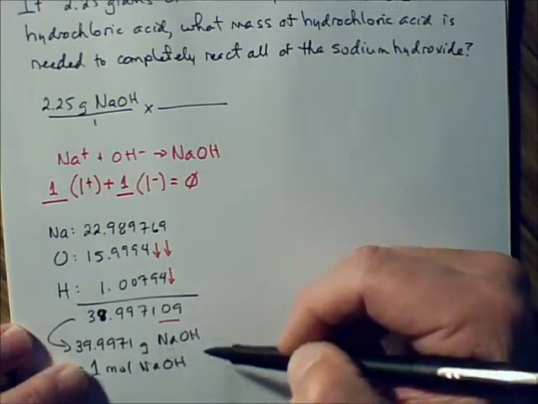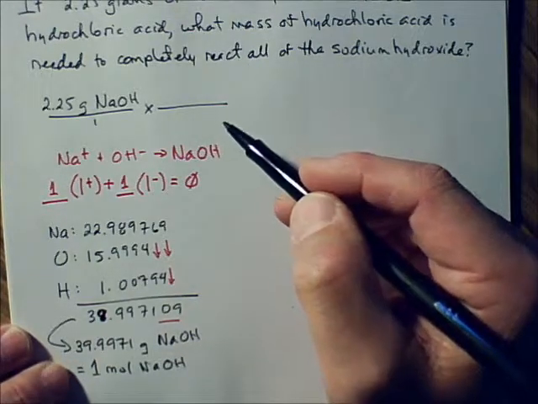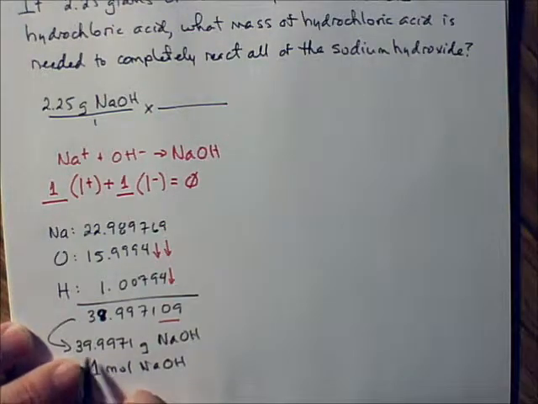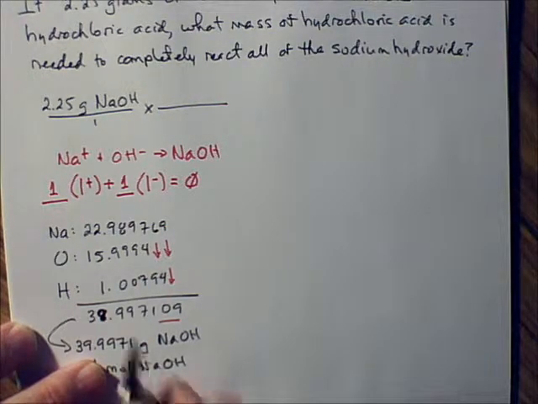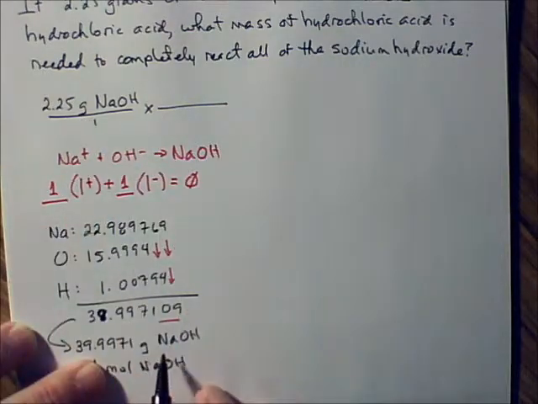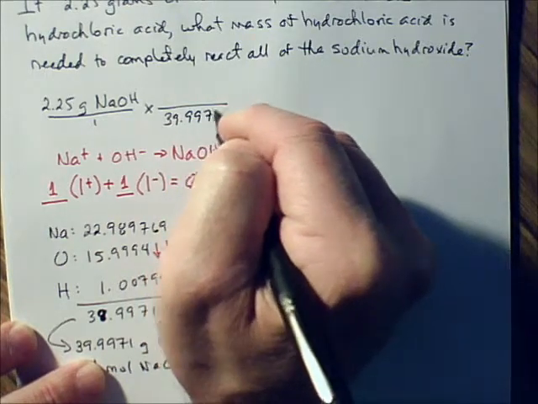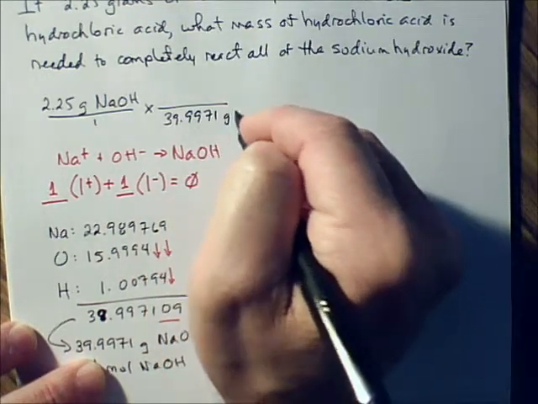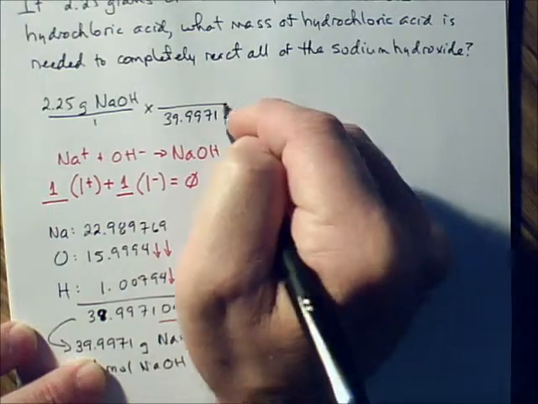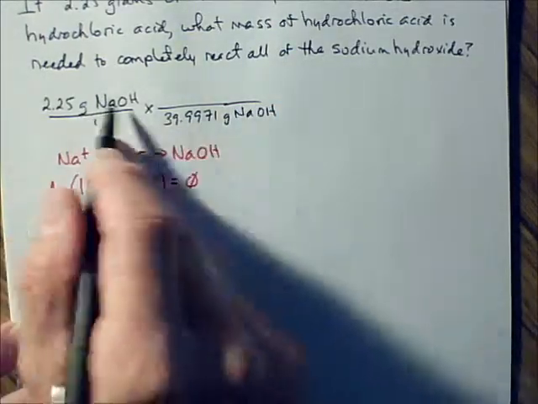Oh, I'm sorry. You're right. That goes on the bottom. 39.9971 grams matches grams here, matches NaOH there. So that goes on the bottom. 39.9971 grams of NaOH. They match units and species.